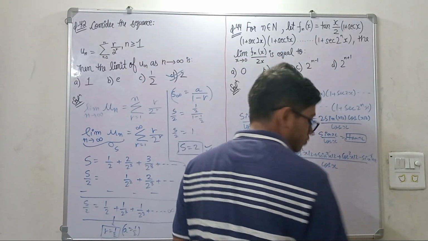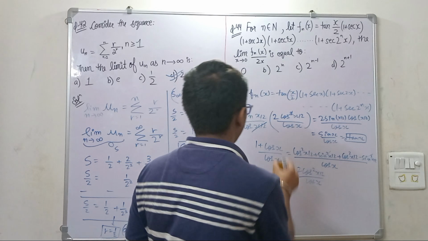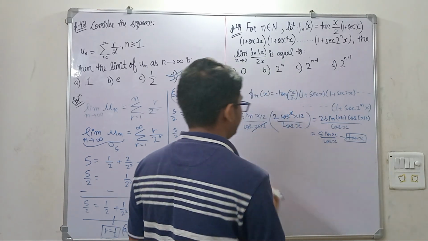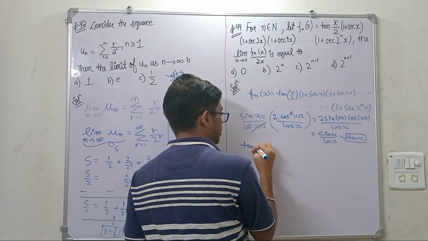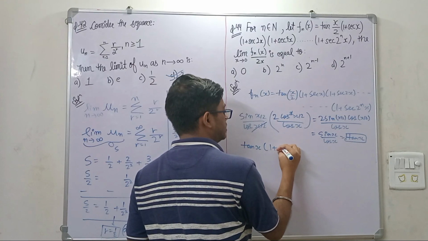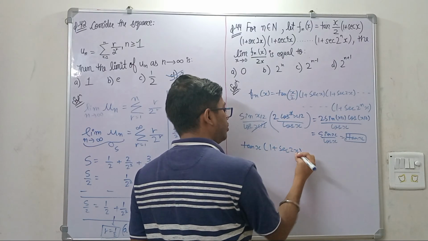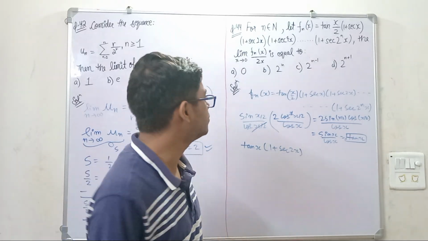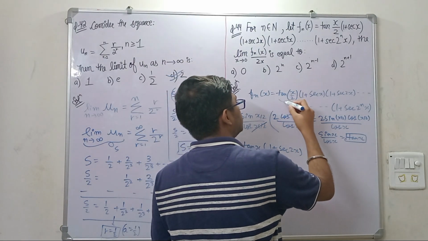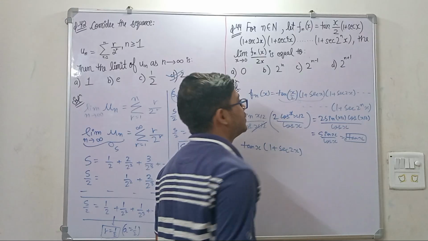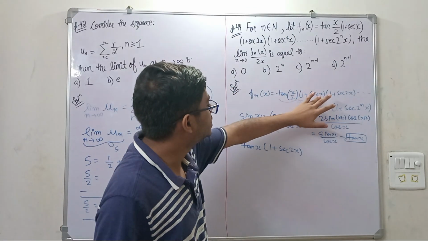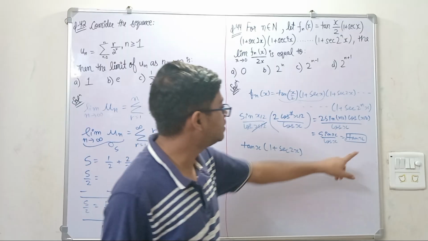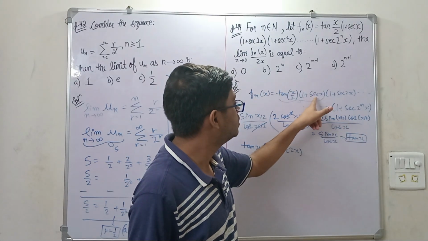Now what will you do? You will take these two terms together, tan x and 1 plus sec 2x. Now you don't have to simplify it further. Just observe the pattern. When these two terms, sec x and tan x by 2, were there, then you got tan x, and the angle x is that of the sec x only.